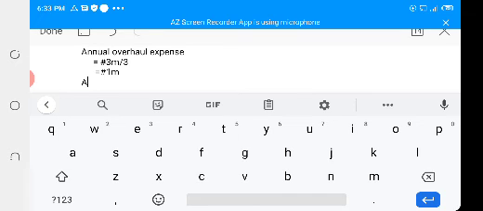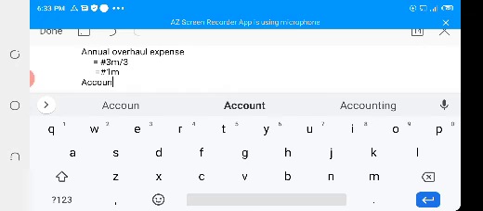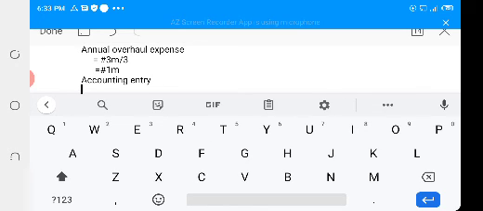Now, let's construct the journal, the accounting entry for 3 years.